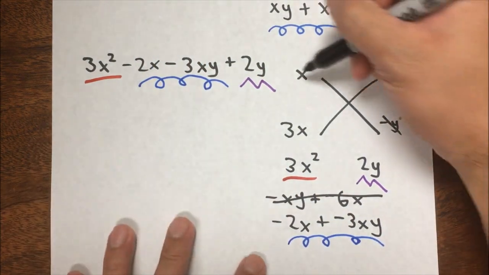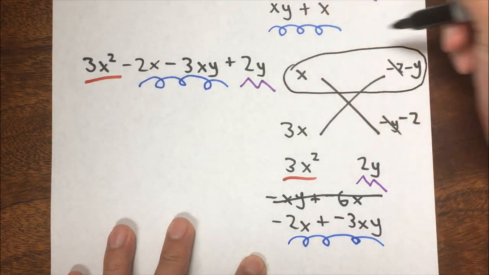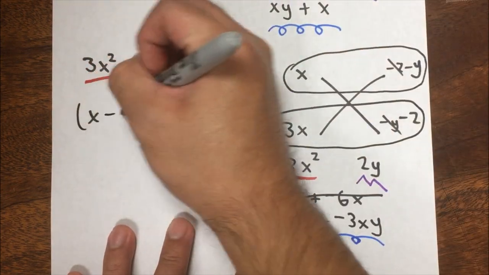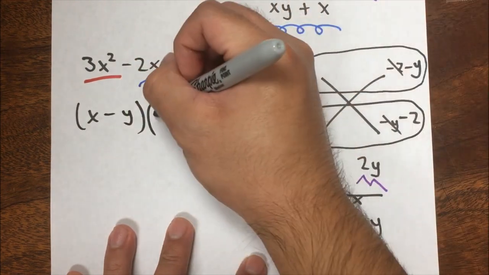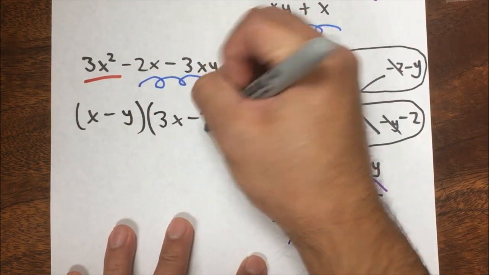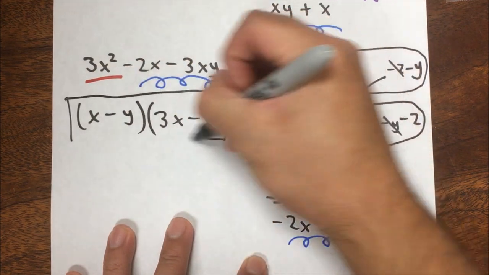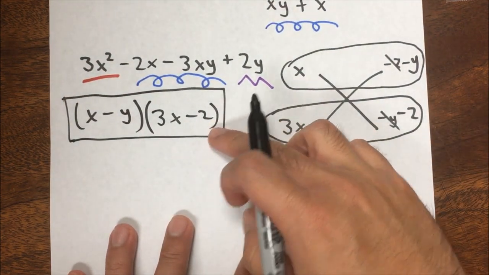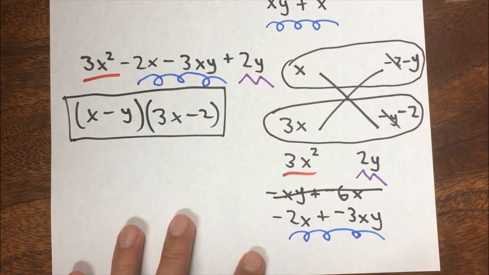So that means that this is going to be a factor, and this is going to be a factor. So x minus y, 3x minus 2. And if you factored this out, you should get this.